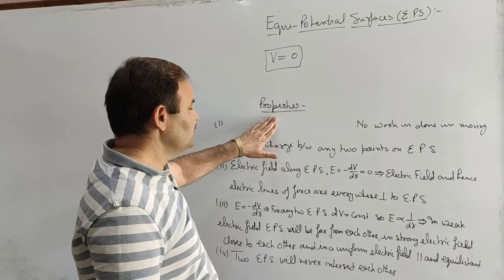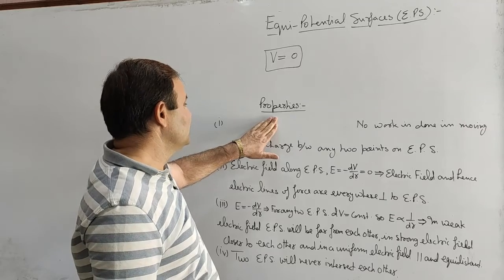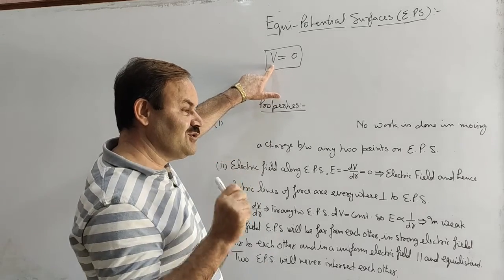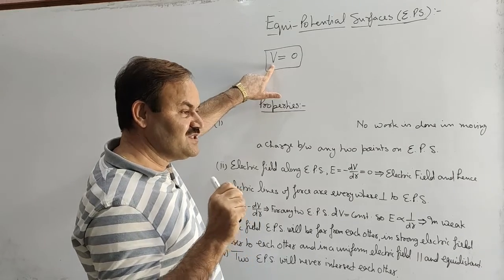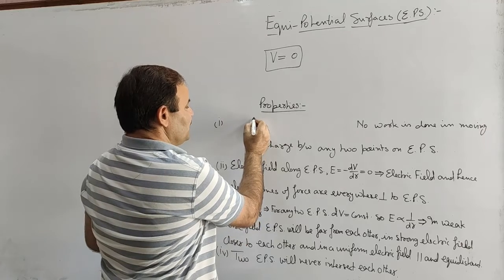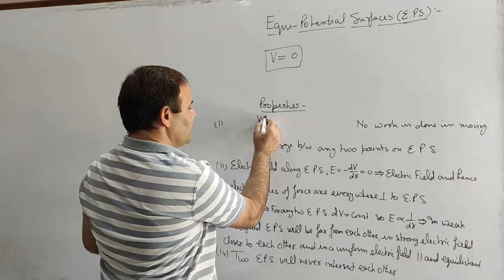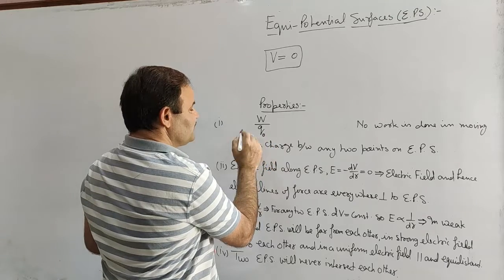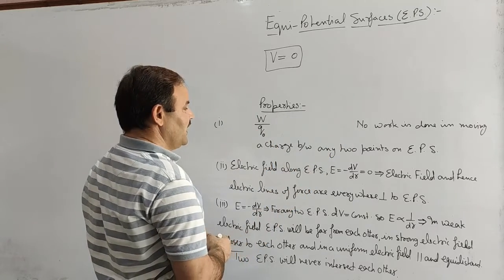Now, properties of equipotential surfaces. Since electric potential difference across any 2 points on an equipotential surface is always 0, and the potential difference means work done in moving a unit charge from one point to another.